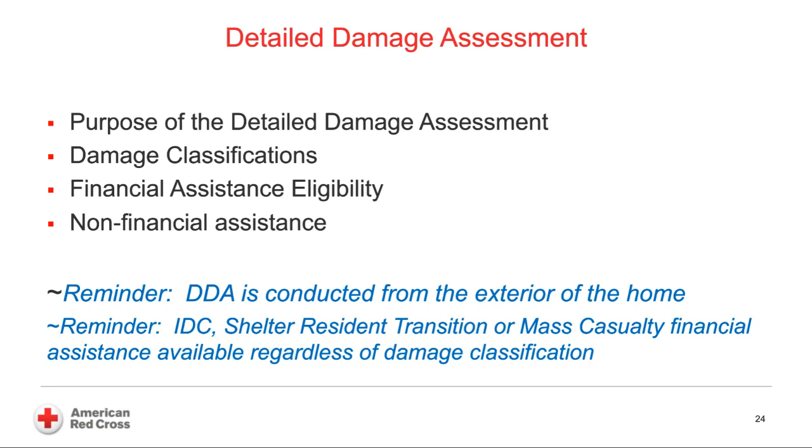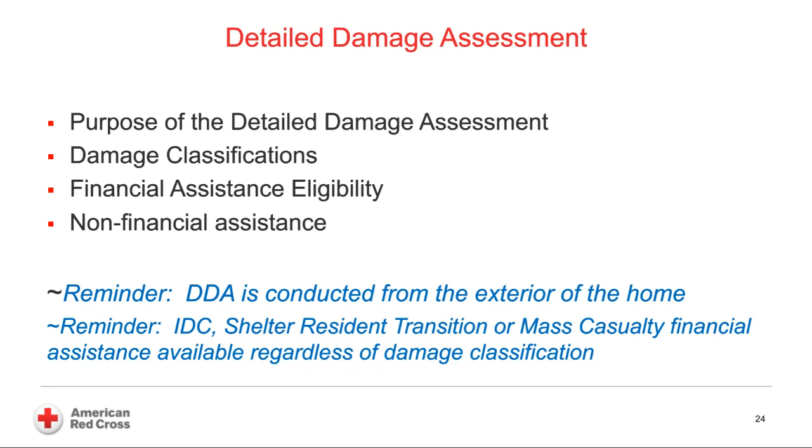And as Alicia mentioned earlier, financial assistance depends on the detailed damage assessment, and clients would be eligible for immediate assistance based on a damage classification of major, destroyed, or uninhabitable. I just wanted to point out as well that our detailed damage assessment should be conducted from the exterior of the home. We do not enter a home to conduct the DDA.